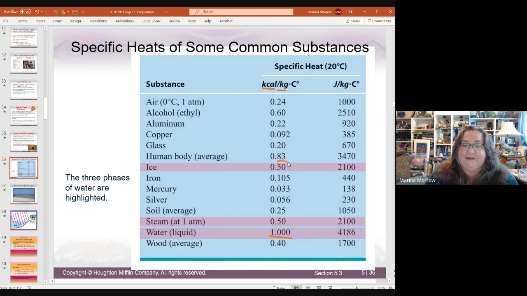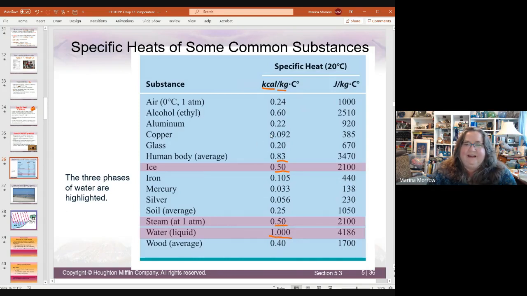The only one that's close here is the human body, and that's because we are a bag of salt water, with a few bones stuck in. But anyway, we're about 0.83, but you can see everything else is much lower. So even ice, which is a form of water, is 0.5, and steam is also 0.5.